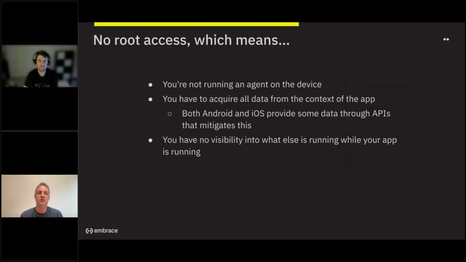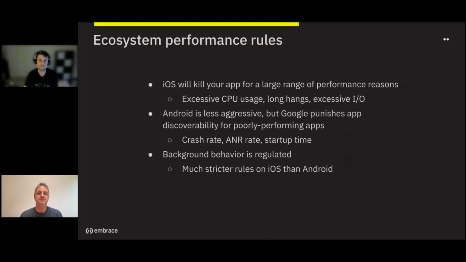You just don't know whether that's happening, and that's sort of by design. As I mentioned, privacy is a huge thing in mobile, and you don't want to give that visibility, which could be used for nefarious reasons, and that is definitely a challenge in observability.